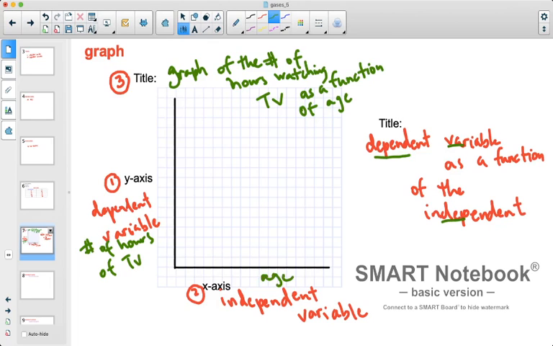If we actually make the graph, this is 6, 8, 10, this is 12, and then we can go 2, 4, 6, 8. When we actually make the graph, we see a shape that looks like this.